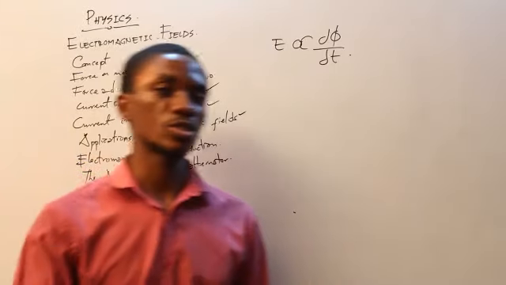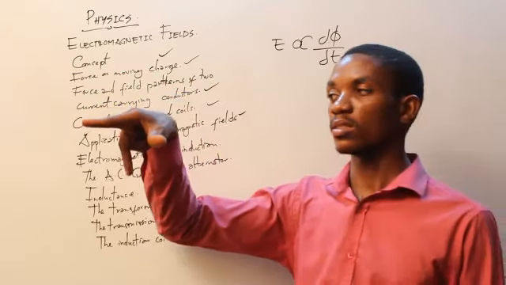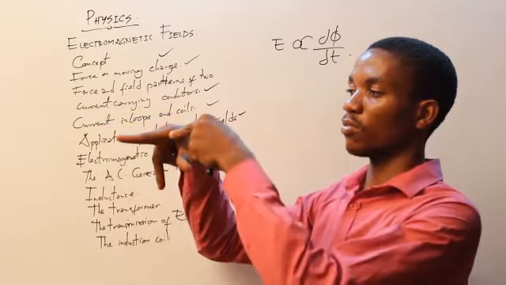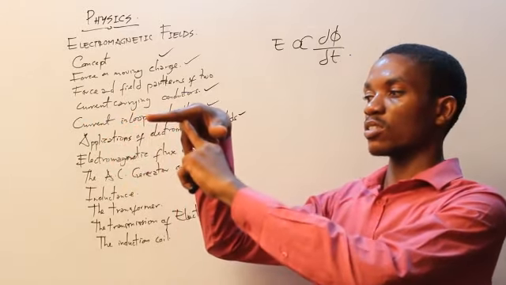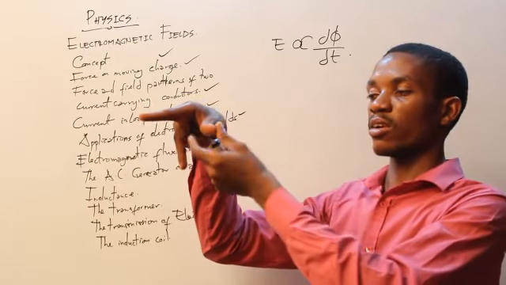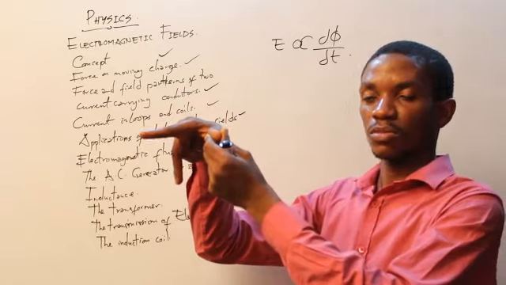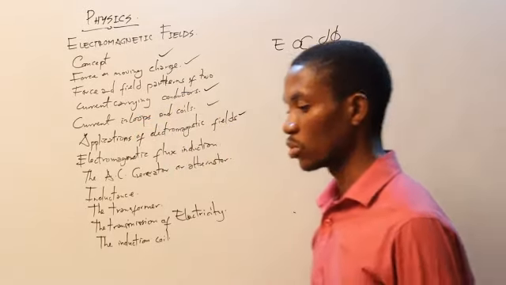So while the first finger points in the direction of the magnetic field, the second finger points down in the direction of the current, and the direction of the motion goes to the thumb. That's what Fleming's rule states.